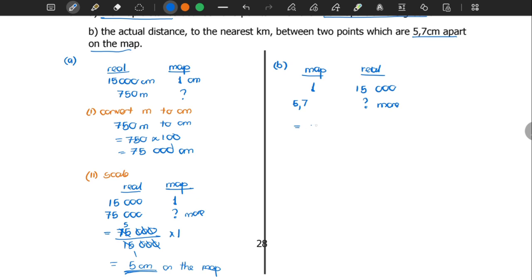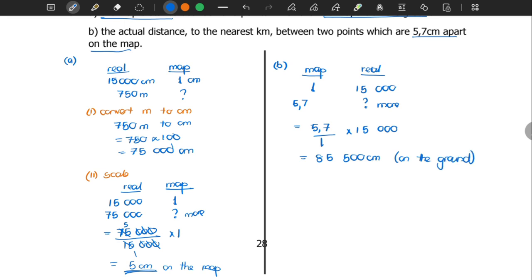So again, this is going to be 5.7 over 1 times 15,000, and then that's going to be 85,500 centimeters on the ground, right?